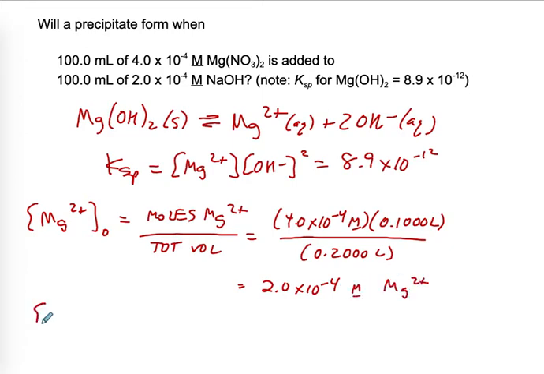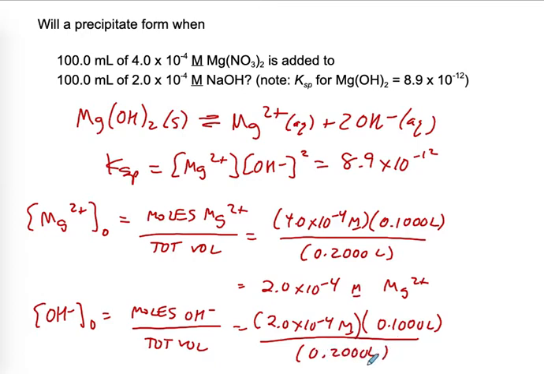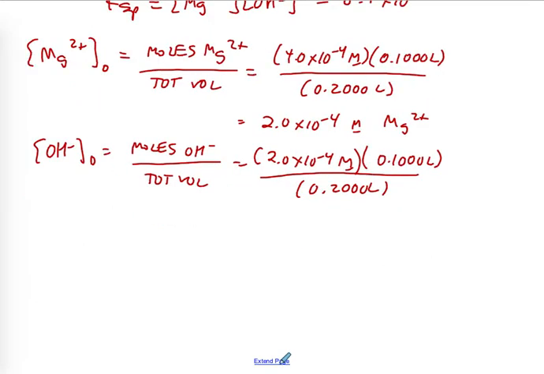I'll do the same thing for the initial concentration of hydroxide. That will be equal to the moles of hydroxide that I'm placing in solution divided by the total volume, or 2.0 times 10 to the negative 4th moles per liter sodium hydroxide times 0.100 liters divided by the total volume, 0.200 liters, or a value of 1.0 times 10 to the negative 4th molar hydroxide.